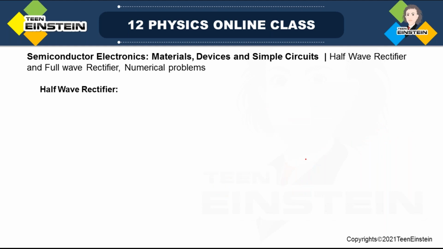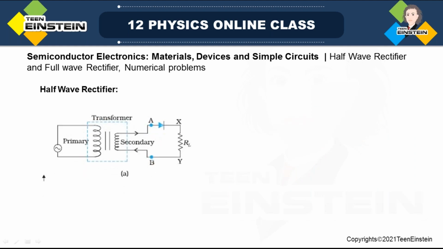So the half wave rectifier. What is a half wave rectifier and how does it work, we'll discuss now. First of all, let us take this circuit diagram of a half wave rectifier.